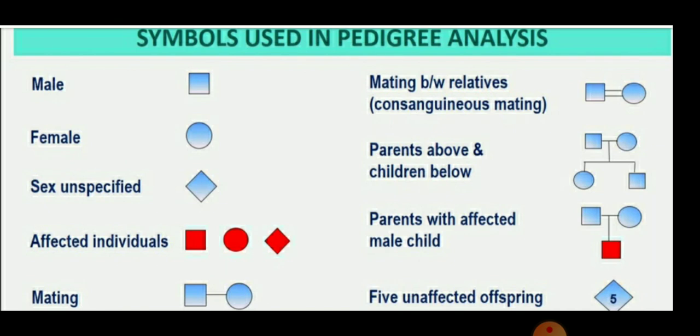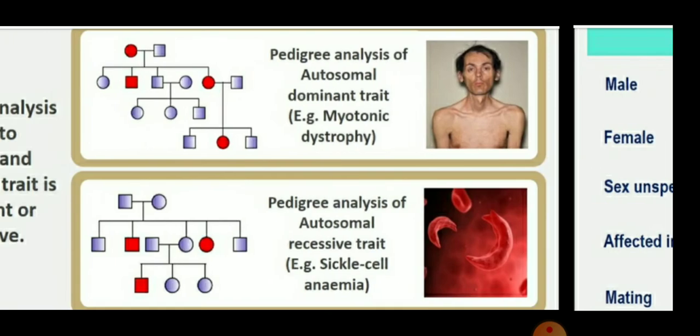The symbol for the male, female, sex unspecified, affected individuals, mating process. Mating between relatives means the cousins, or the parents above and the children below. Or we can say the parents with the affected male child and 5 unaffected offspring. So these are the symbols which are basically used in the pedigree chart.